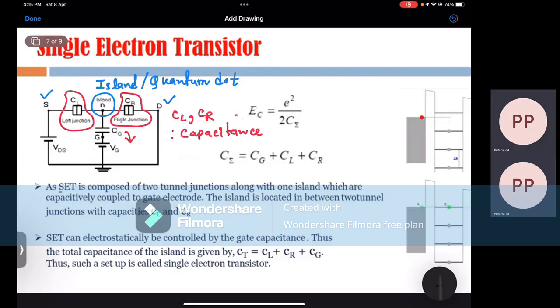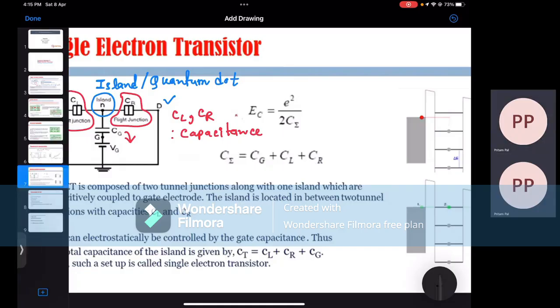So this island is located in between two tunnel junctions with capacitances Cl and Cr, that is shown over here. This single electron transistor can be electrostatically controlled by the gate capacitance. The total capacitance of the island is the left side capacitance, the right side capacitance, plus the gate capacitance contribution, and such a setup is called the single electron transistor.